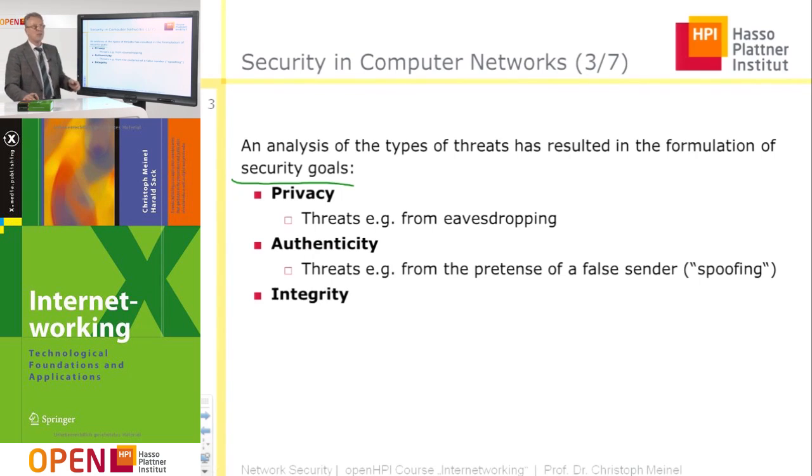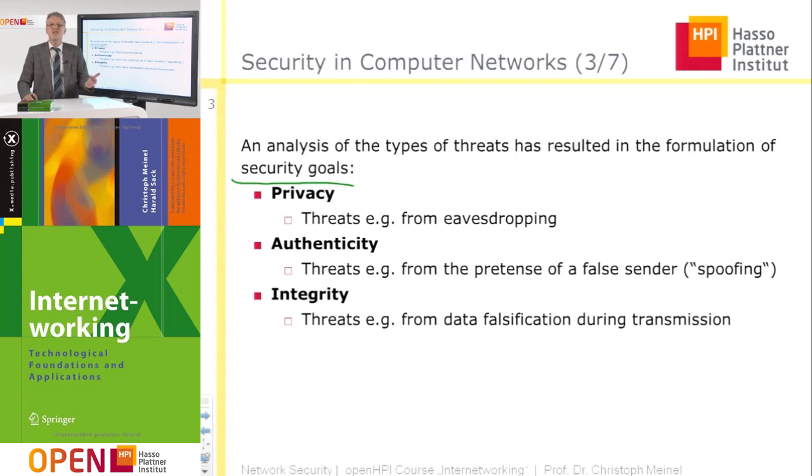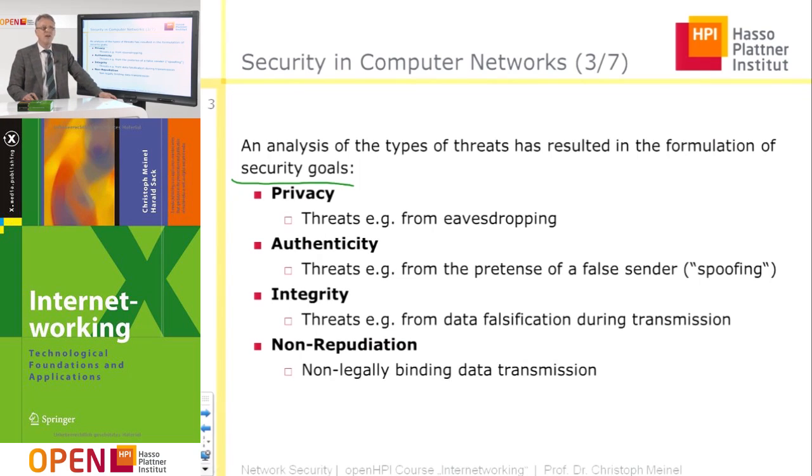Another security goal is integrity. That means to guarantee that the information is not changed during the transport through the internet, and threats against integrity are, for example, falsification during transmission. There are more security goals. For example, non-repudiation. A threat here is a non-legally binding data transmission when using e-business or other communication.